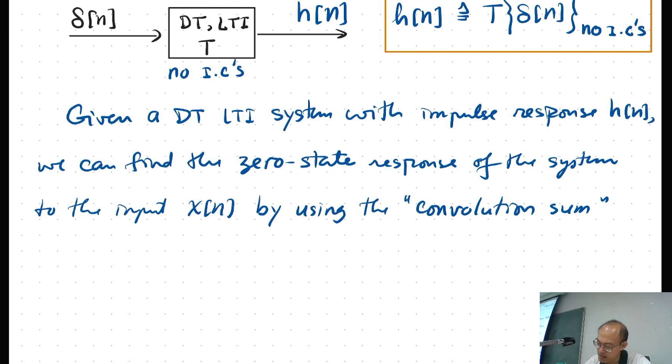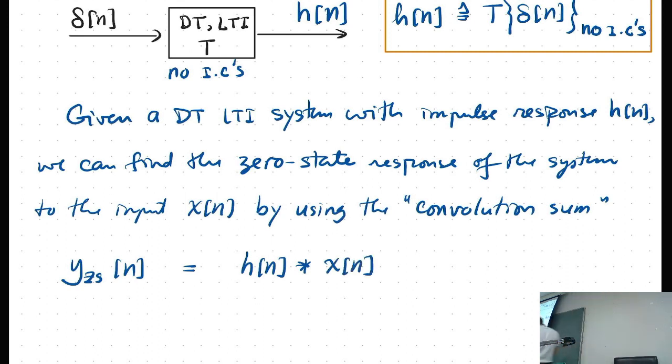And the zero state output y of n is h of n star x of n.